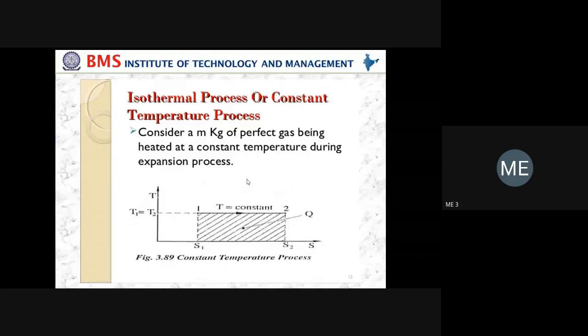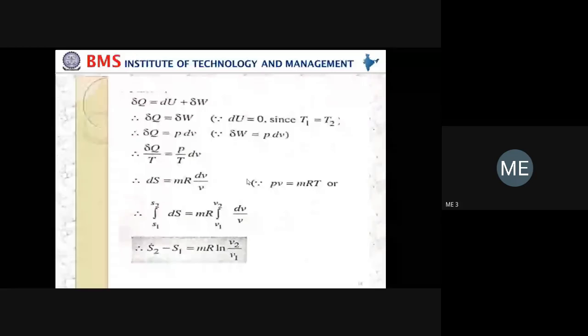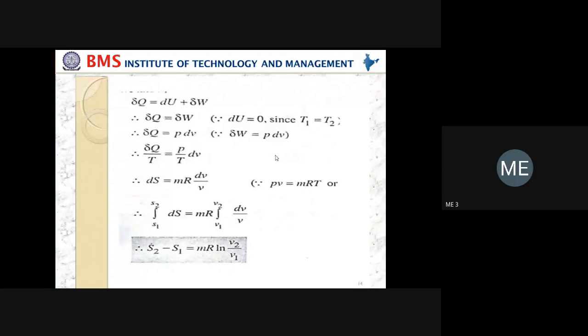Next, we are going to derive the expression for the entropy change during the isothermal process. As I said, first always write dQ equals dU plus dW. This is nothing but the first law of thermodynamics in differential form.